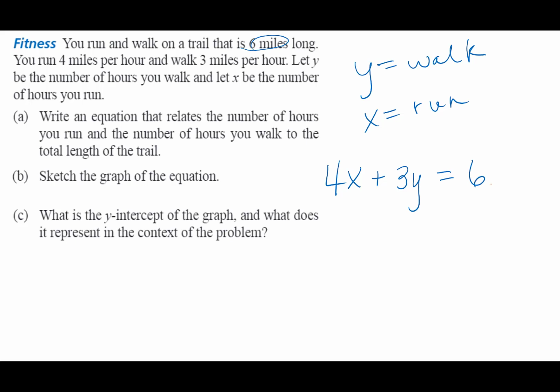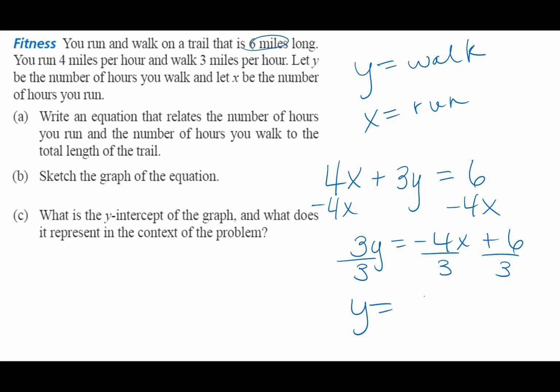If we go to sketch this graph, it's a lot easier if you put it in slope-intercept form. And so you could subtract 4x from both sides to get 3y equals negative 4x plus 6. Divide everything by 3 to get y equals negative 4/3 x plus 2.